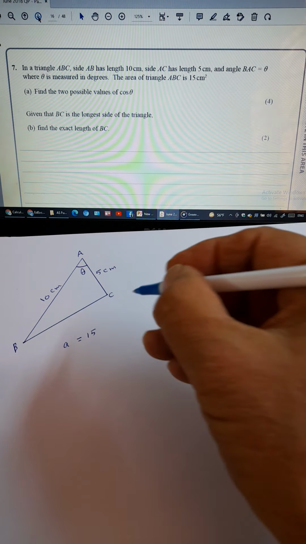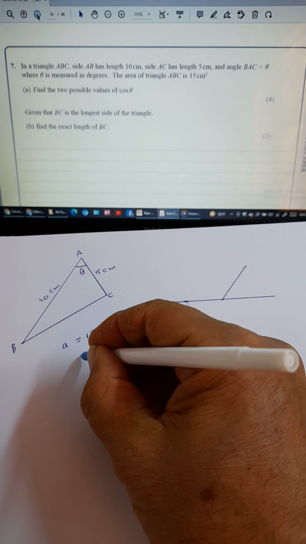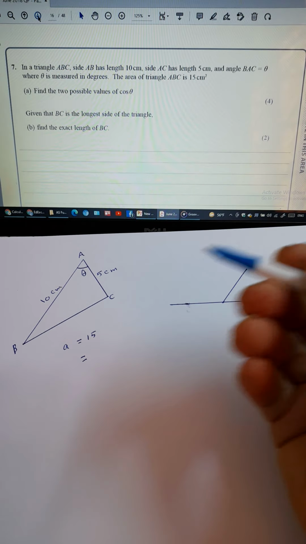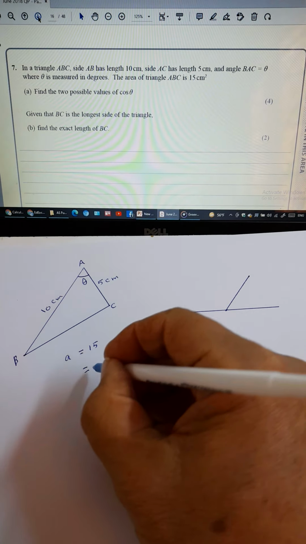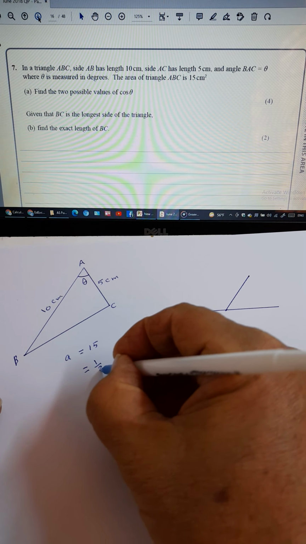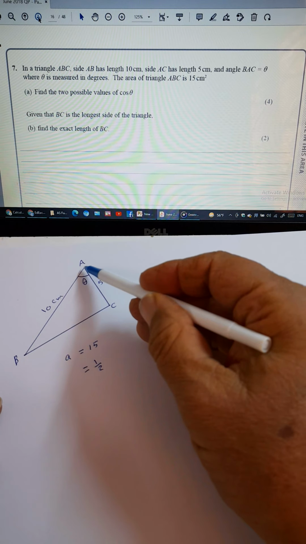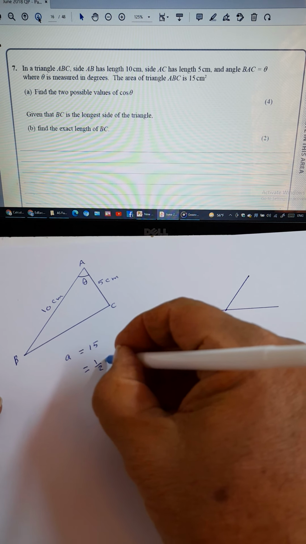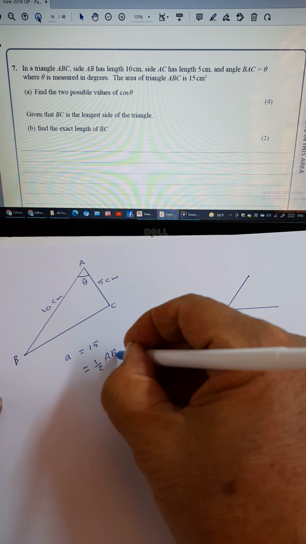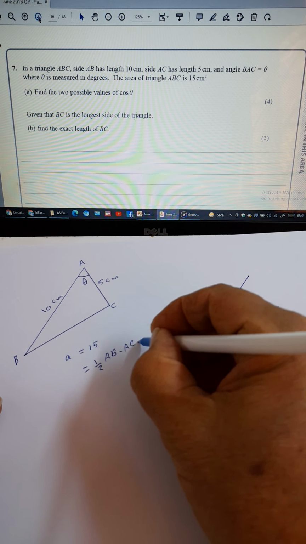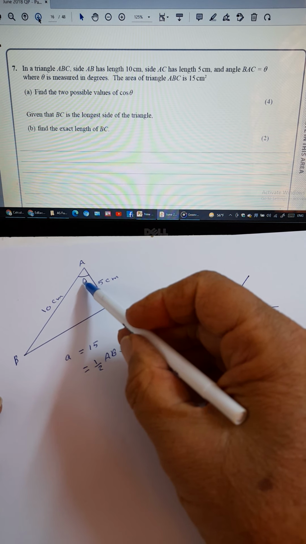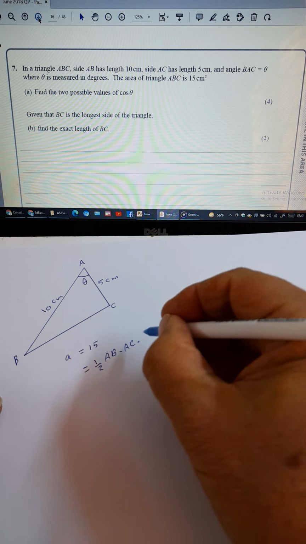Area is 15 cm squared, so the law for the area of a triangle is half the product of these two sides times sine the angle enclosed between the two sides.